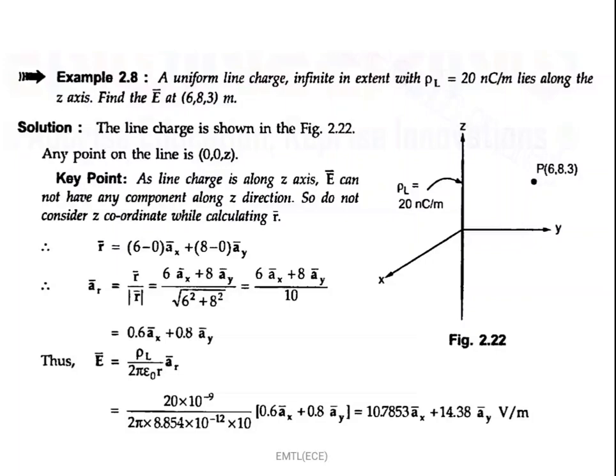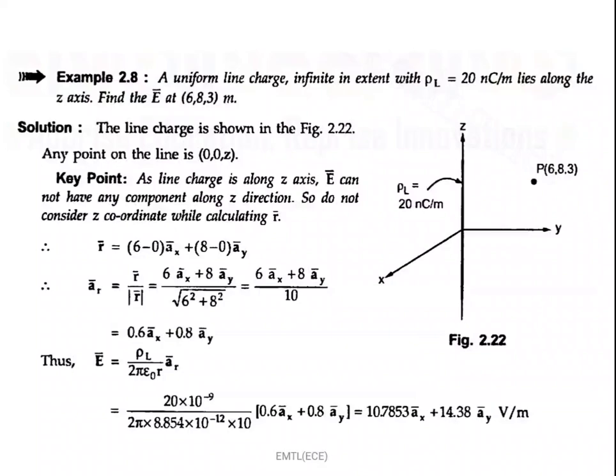First of all, we find the unit vector from the line, which lies at (0, 0, z), to this point. The r bar is the distance between the line along the z axis and point P.